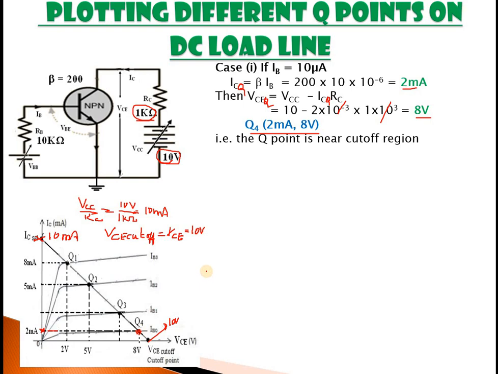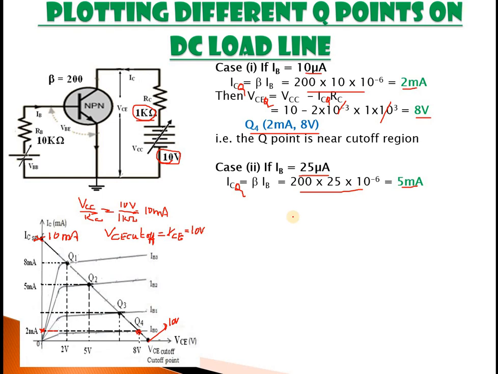In the second case, if IB is increased from 10 micro to 25 micro, ICQ becomes 5 milliamps in the same way if I calculate. Then VCEQ becomes 10 minus 5 milli, again milli and kilo cancel. I will get it as 5 volt.